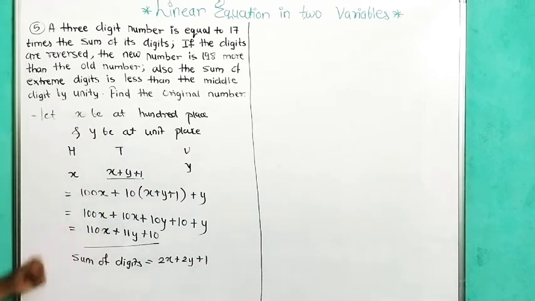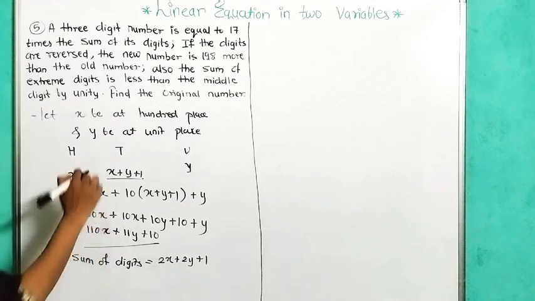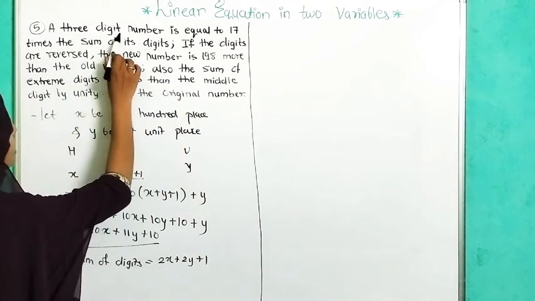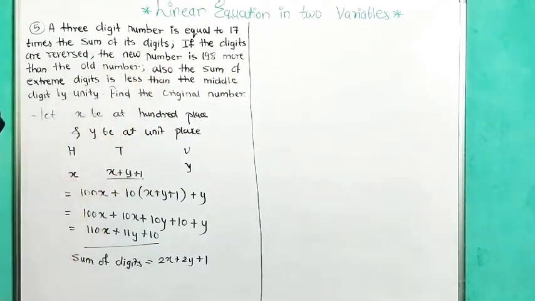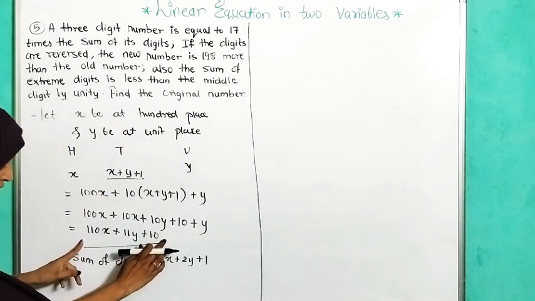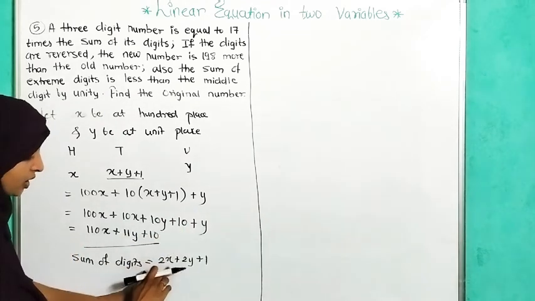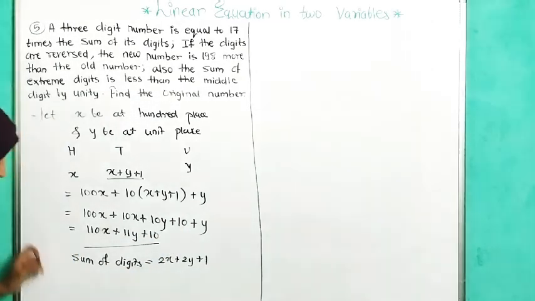Now they have told us that the 3-digit number is equal to 17 times the sum of the digits.